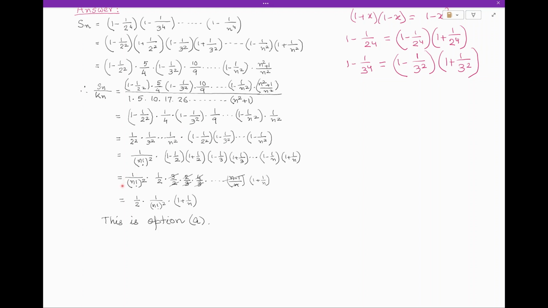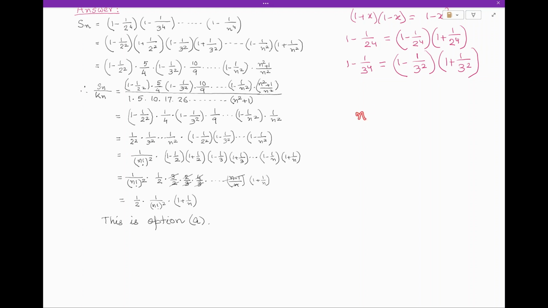So, in formula term, we can write this as 1 by 2 multiplied by 1 by 3 multiplied by 1 by n whole squared, and this becomes 1 divided by factorial n whole square. Why?